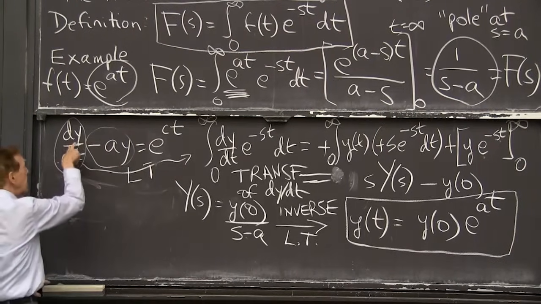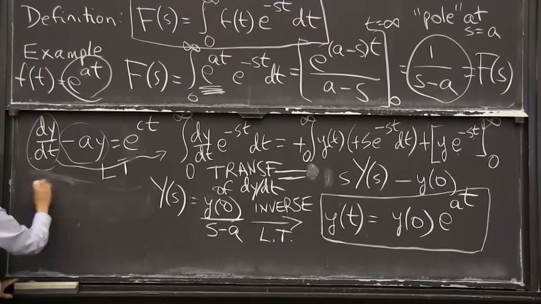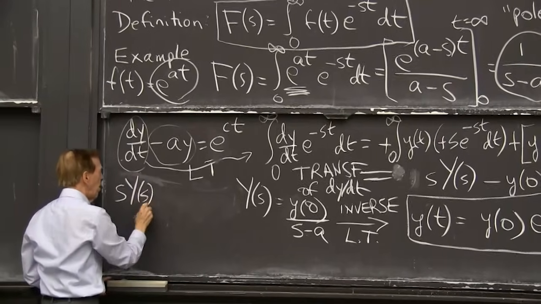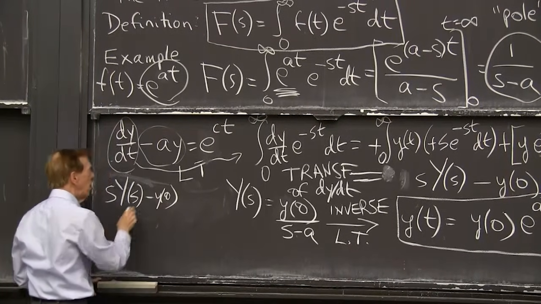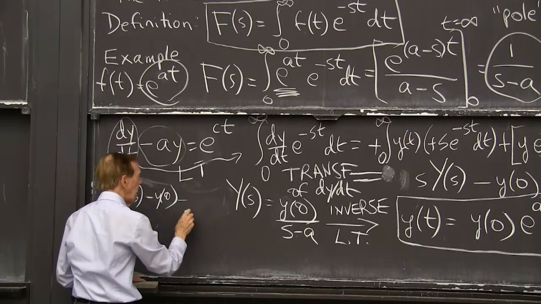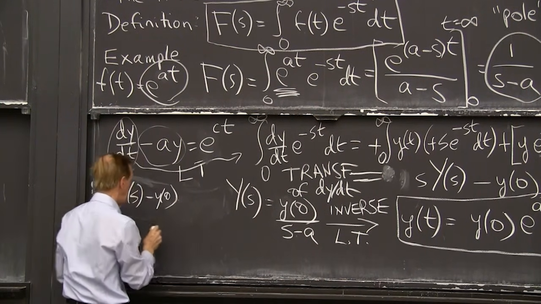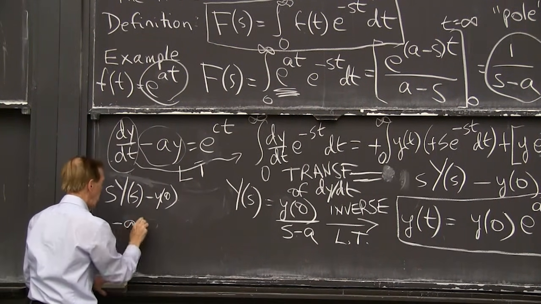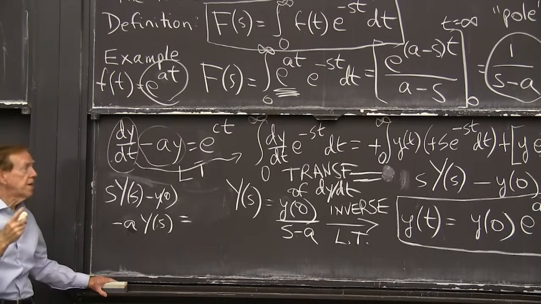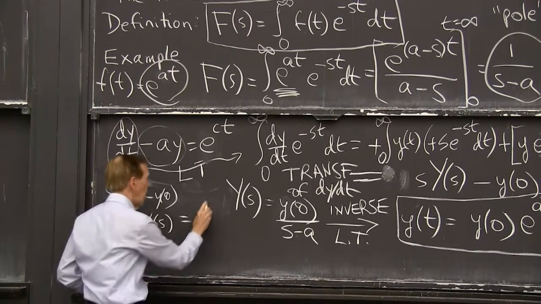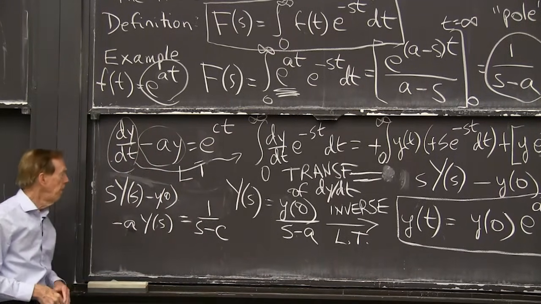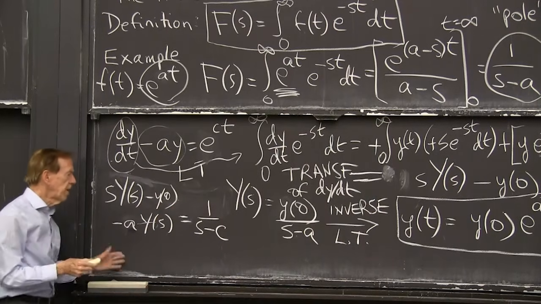So again, dy dt minus ay, what did that transform to? s Y of s minus y of 0 came from there, minus a Y of s. And on the right-hand side, I have the transform of e to the ct. We're getting good at this transform, 1 over s minus c. Instead of a, it's c. Okay, that's our equation transformed.